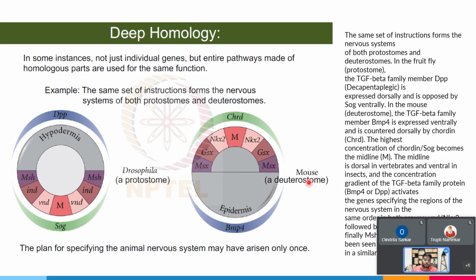Instead, in deuterostomes such as a mouse, we have a similar event happening, in which chordin gives rise to the dorsal structures and BMP gives rise to the ventral structures. Even though we know that the Drosophila analog for DPP is BMP, and thus throughout evolution the action of the particular genes is preserved and they act through the same pathways, even though they might not be the same genes, the pathways themselves are conserved, and that is what is known as deep homology.